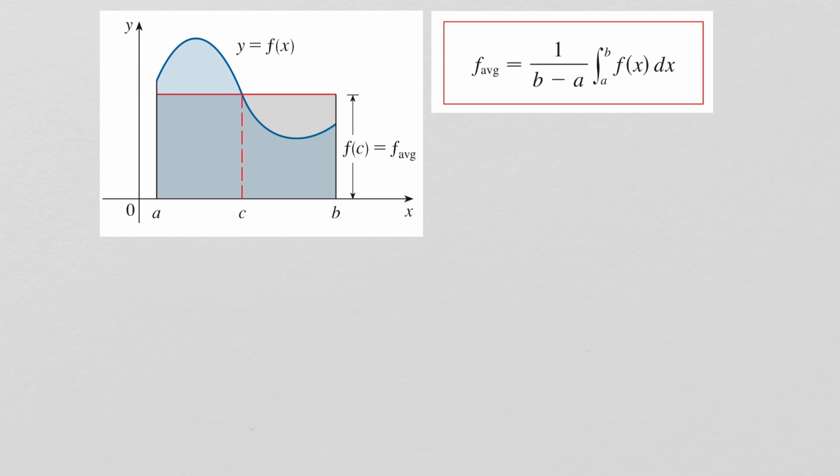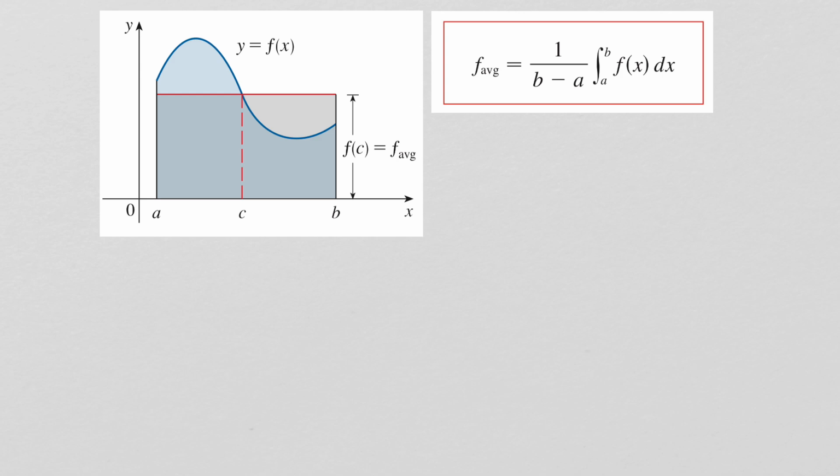If we find the rectangle here, where the area under this rectangle is the same as the area under the curve, that value corresponding to the y-axis here is what we define to be the average value of the function.